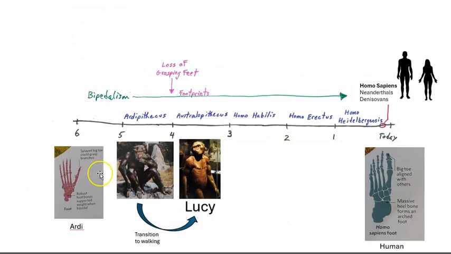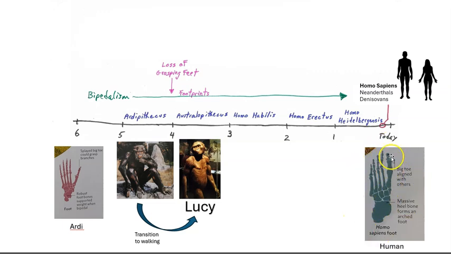So the transition from forest to grassland life involved natural selection favoring a new mode of locomotion, this upright posture, as well as the loss of grasping feet. So we go from a foot skeleton like this, where the big toe is out at an angle, to Lucy, who had a foot more like a modern human.